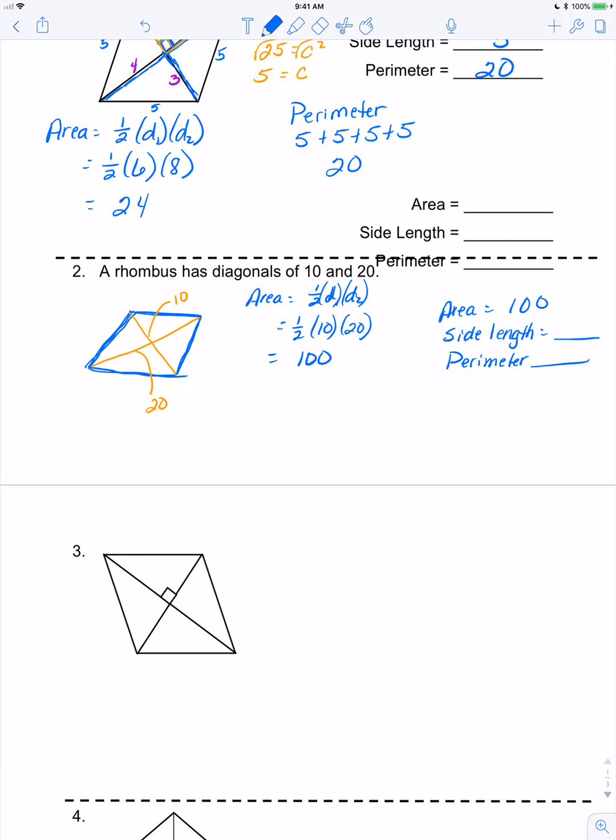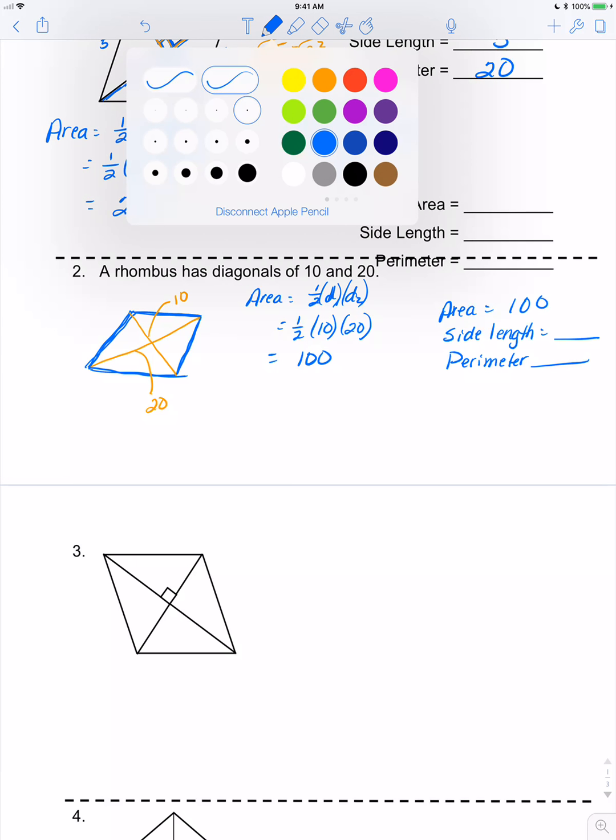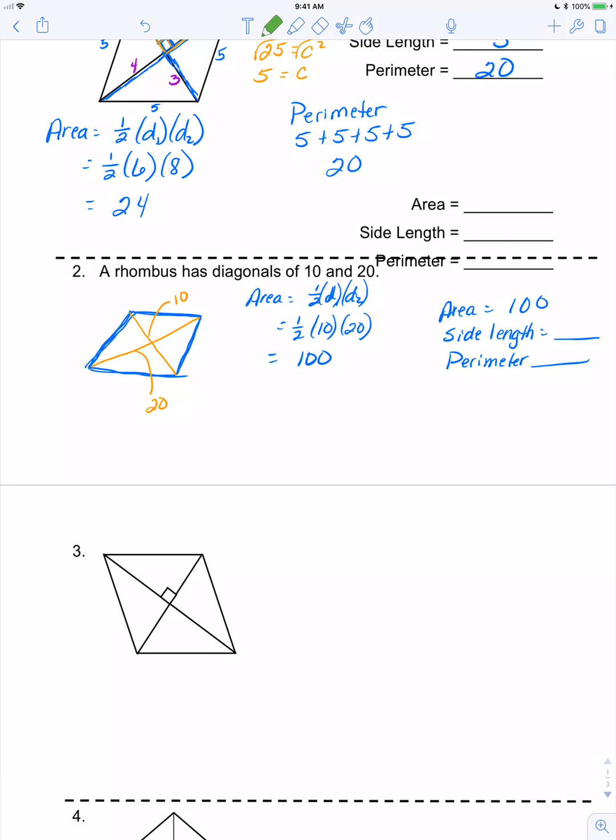Okay, so side length, notice if we have the rhombus, and if we're told one diagonal is 10, it's got to be 5 and 5. So the 20 has got to be 10 and 10. Remember, this is the one that creates the 90-degree angle.